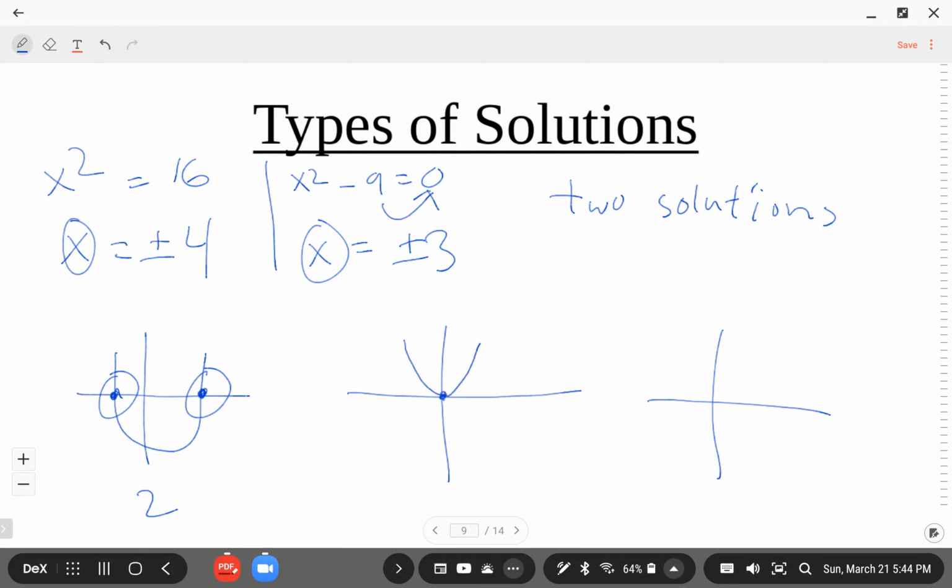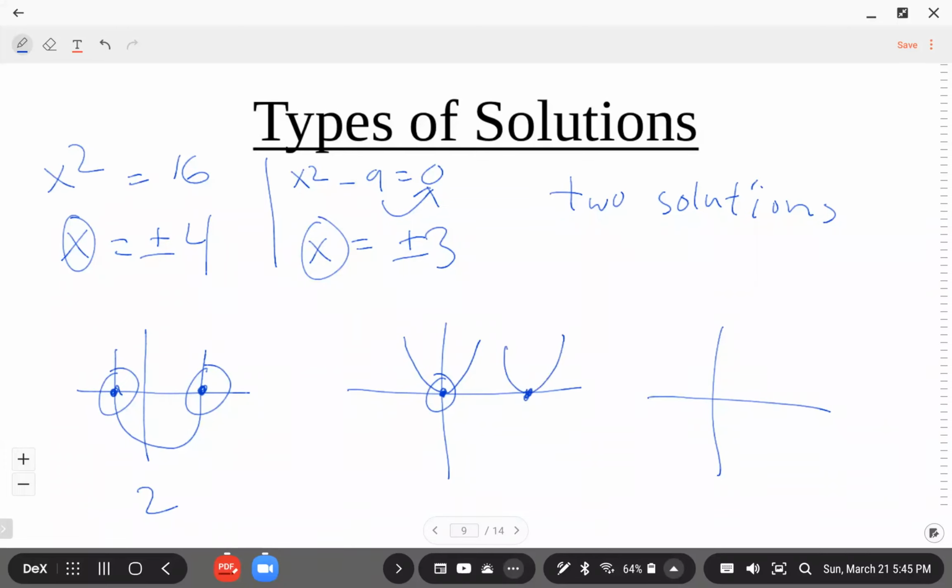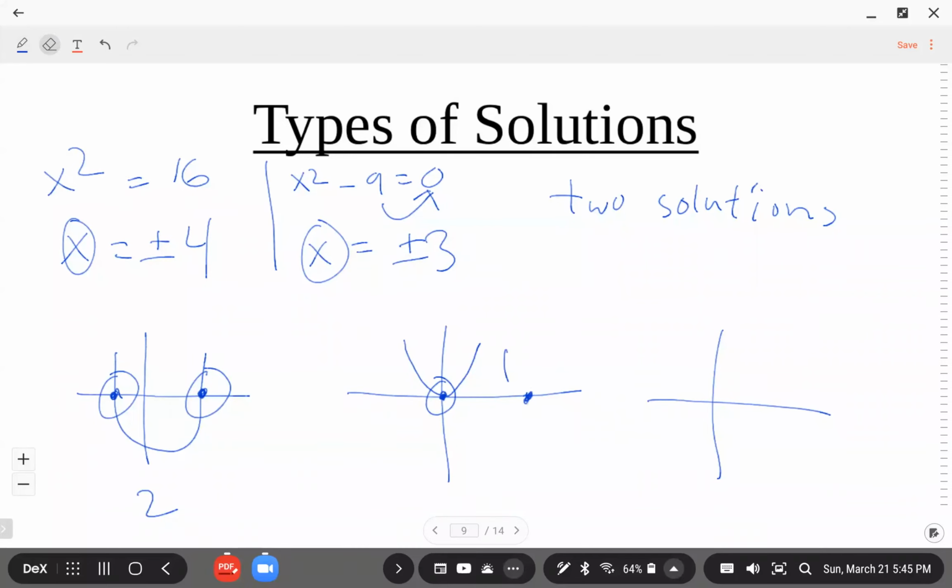1 solution is when 0 is the solution, because there can't be -0 or +0, it's just 0. Basically when the vertex is on the x-axis of the coordinate plane, then we have 1 solution.